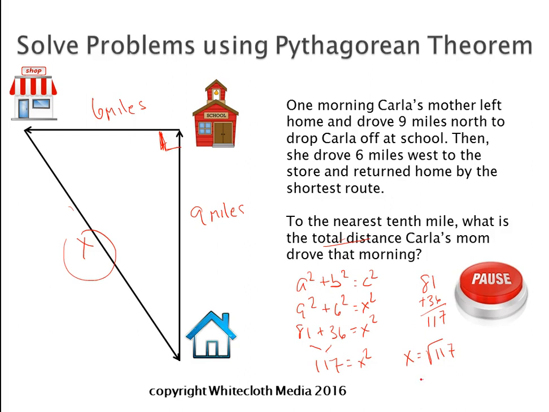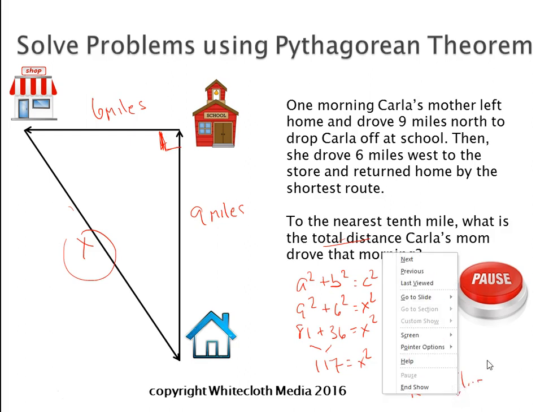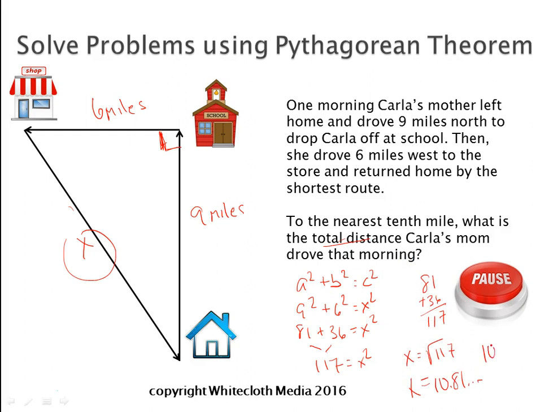Which is 10.81. It's irrational. So to the nearest tenth of a mile, if I rounded this, it would come out to 10 8/10. So my total distance would be 6 plus 9 plus 10 8/10.